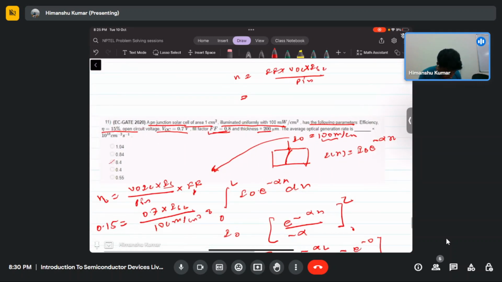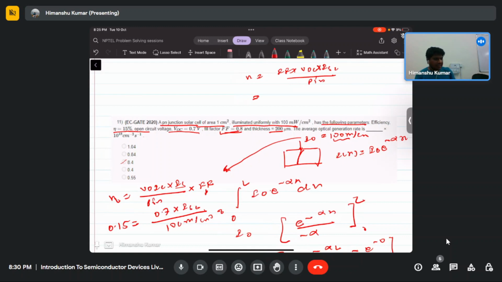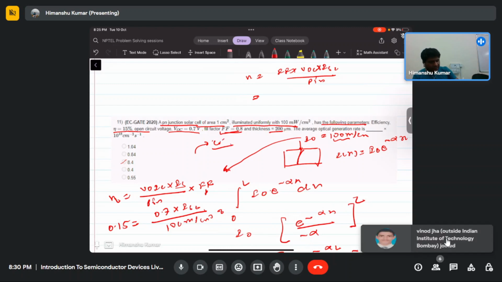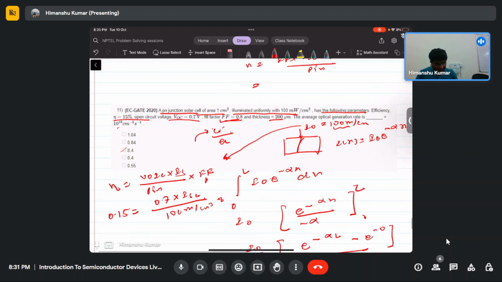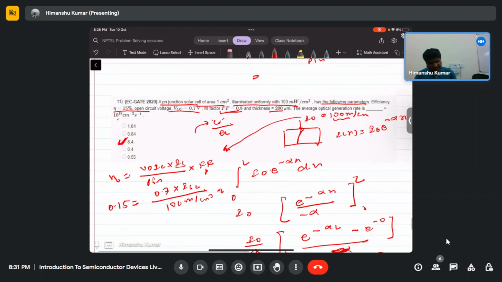So the average optical generation rate is the number of electrons generated per centimeter cube, the flux rate, per second. Is that clear? Yes. If you calculate correctly, you will find the answer is around 8.4 into 10 power 18 per centimeter cube per second.